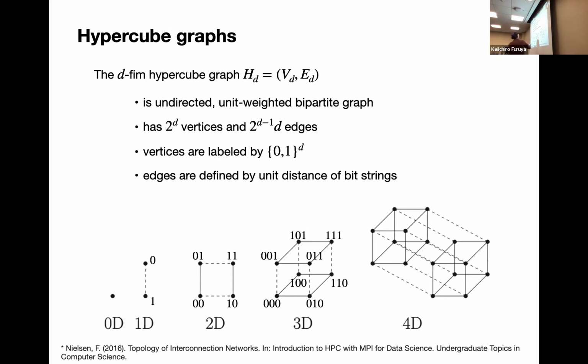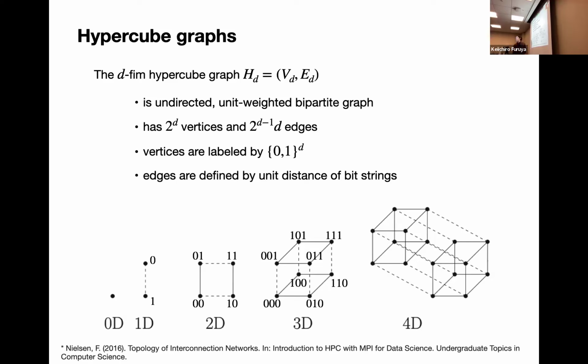So in 1D you have 2 vertices and 1 edge. In 1D, does the edge connect 0 and 1? Yeah, exactly. And the graph is still bipartite, because you can separate these two vertices into two sets and there is no odd cycle.